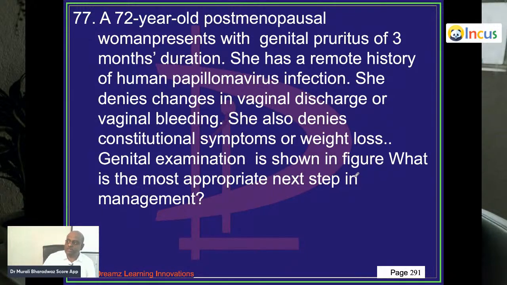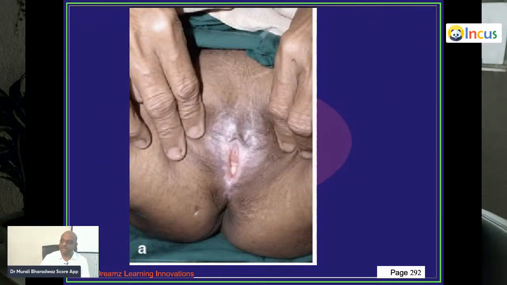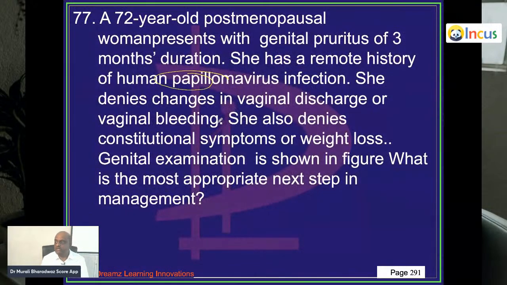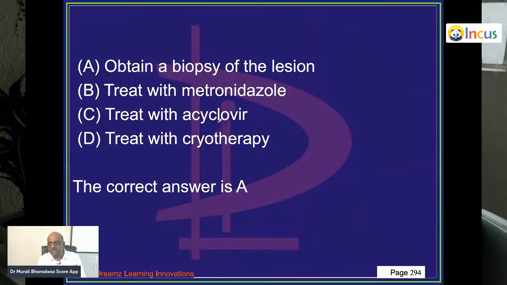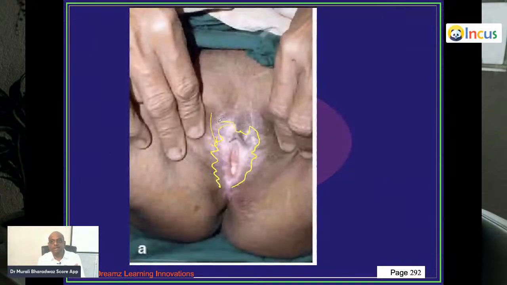A 22-year-old postmenopausal woman presents with significant genital pruritus of 3 months. She has a remote history of human papilloma virus. And on genital examination, what do you see, doctor? Very white colored lesion is what you are able to see, right? So what is the diagnosis in this given case?